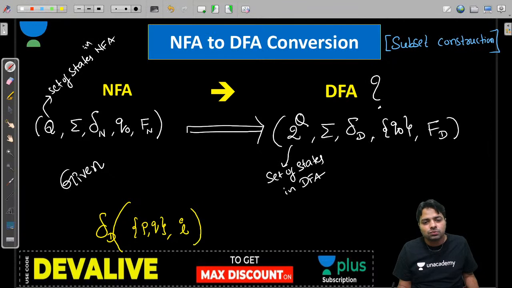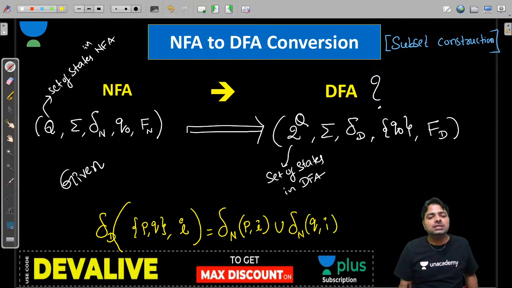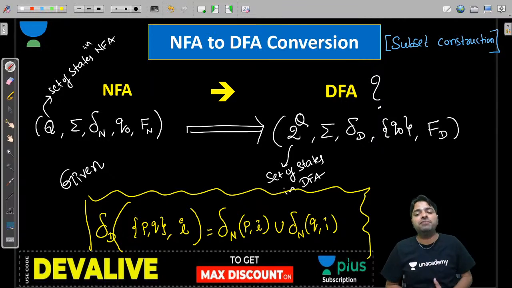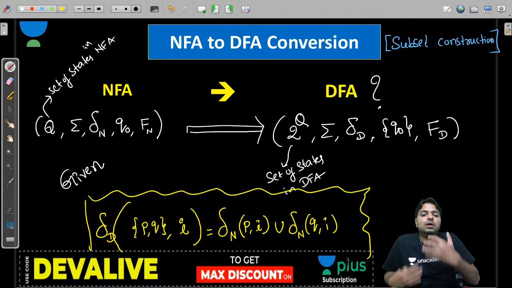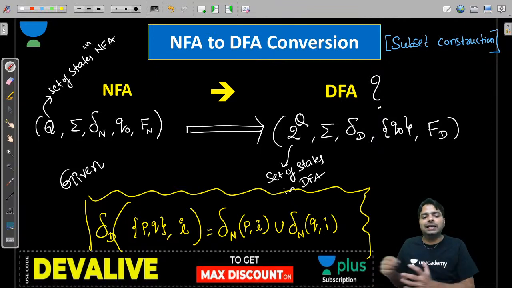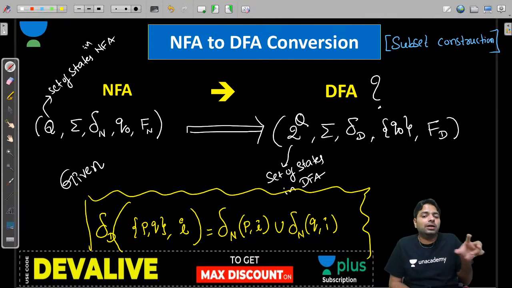Then the meaning of this is that in the NFA you have to compute delta of P comma I union delta of Q comma I. This is the DFA transition definition with the help of NFA transitions. This is how we do it. If the set has 1 state, we directly take it as it is, copy paste. If you have more states, we do the union of the corresponding transitions.